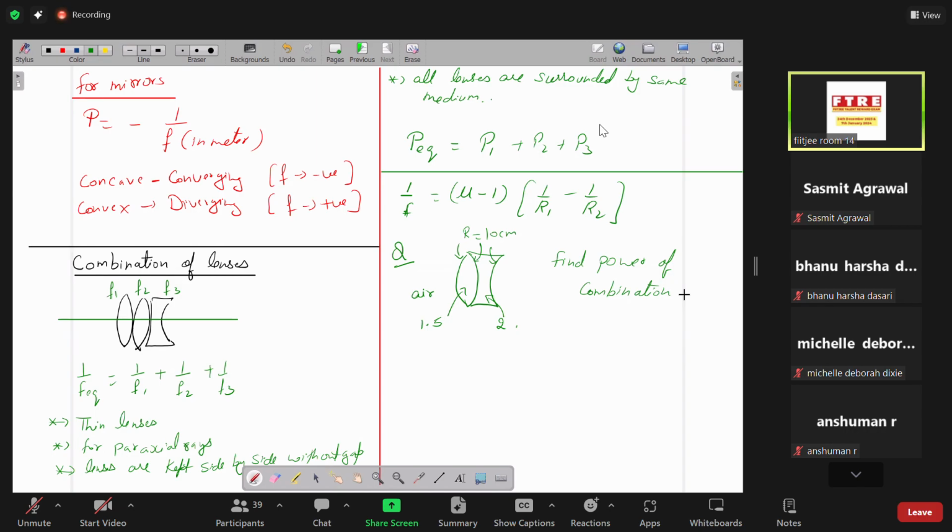So let's discuss it. For the first lens, this is R1 and this is R2. For the first refracting surface the center will be here, along the direction of the incident ray, so I'll take it as plus 10 centimeter, or 0.1 meter.